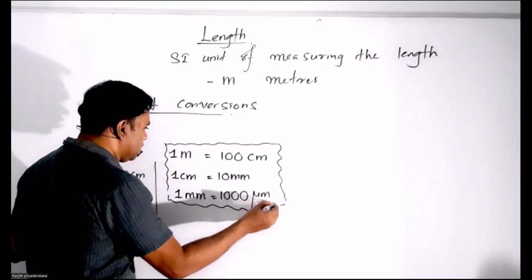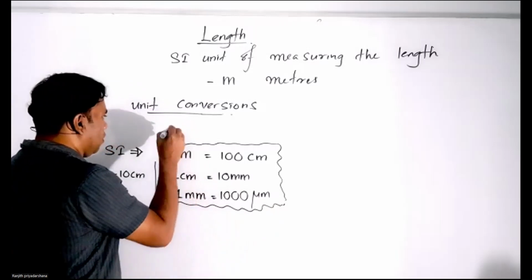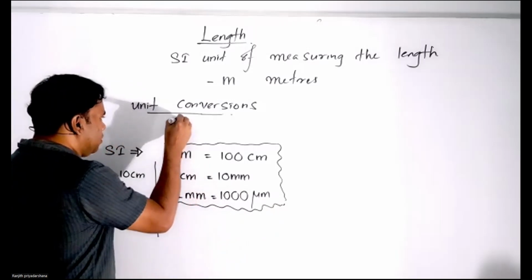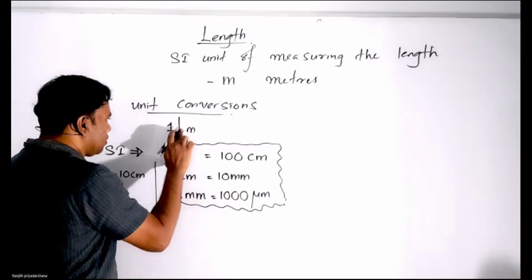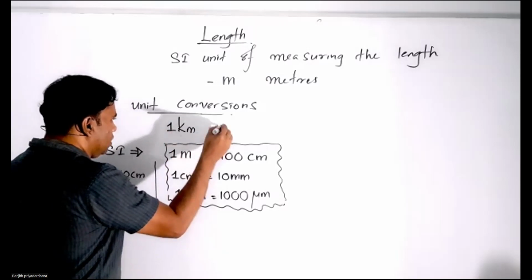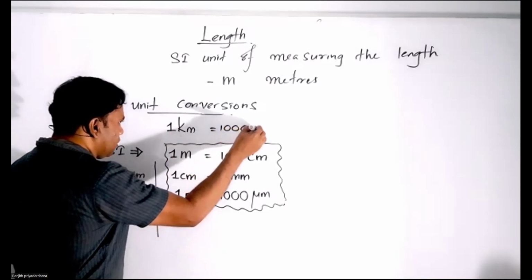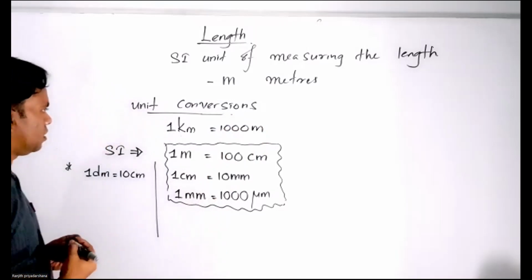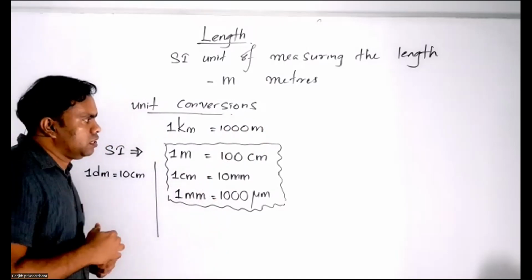Another relationship: 1 kilometer equals 1000 meters.